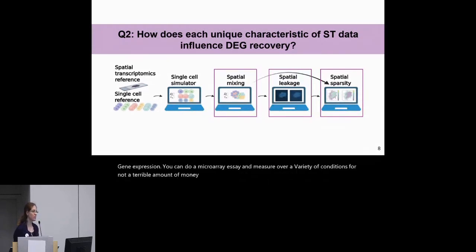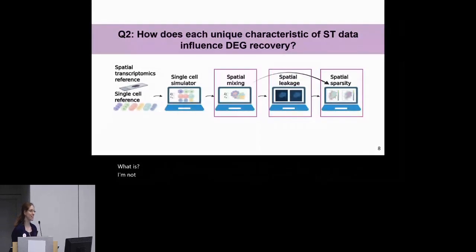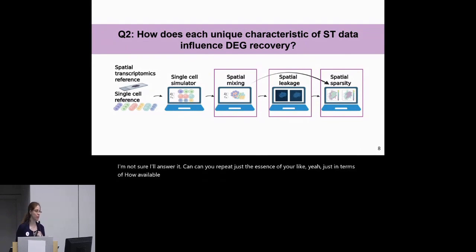So what's the scalability of this type of method? I'm not sure how to answer it. Can you repeat just the essence of your question? Just in terms of how available this technology is to get spatial transcriptomics data compared to normal gene expression. Can you get a similar amount of data for a similar price?